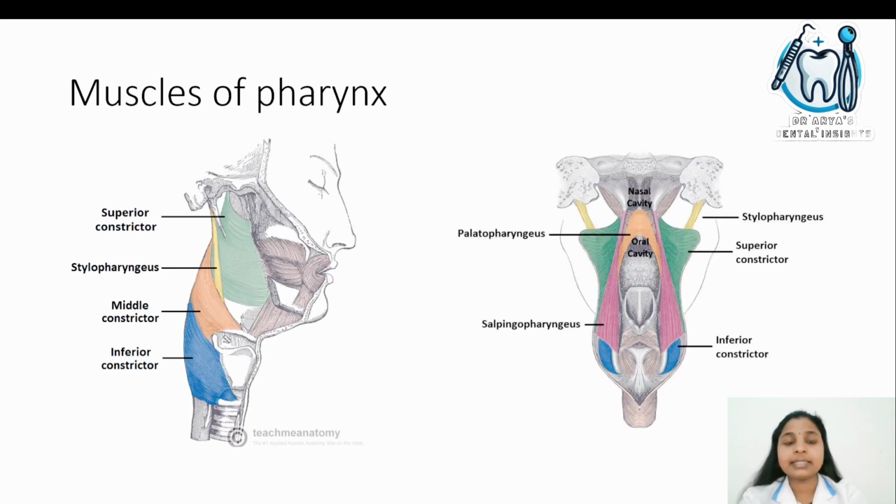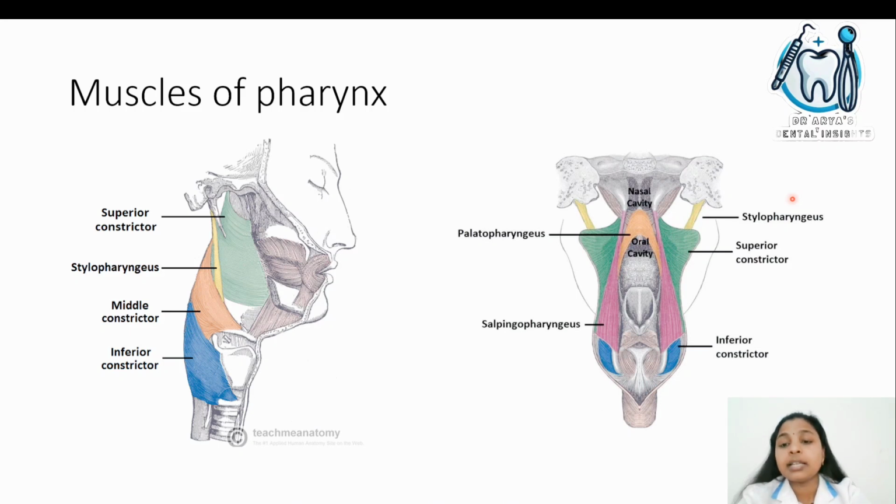So muscles of pharynx are 3 constrictor muscles and 3 longitudinal muscles. The 3 constrictor muscles are superior constrictor, middle constrictor and inferior constrictor. And the 3 longitudinal muscles are stylopharyngeus, palatopharyngeus and salpingopharyngeus. So here you have to know the innervation for the muscles of pharynx.